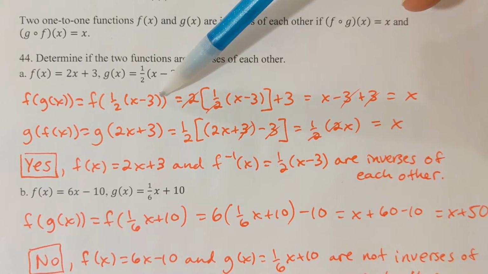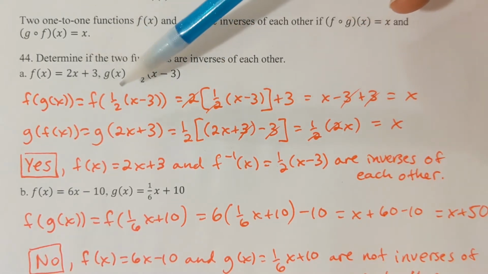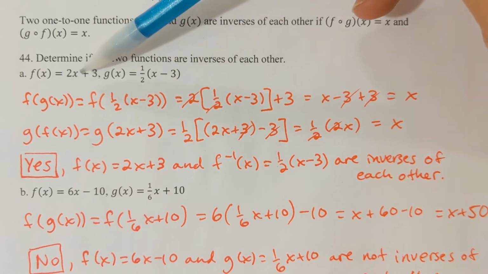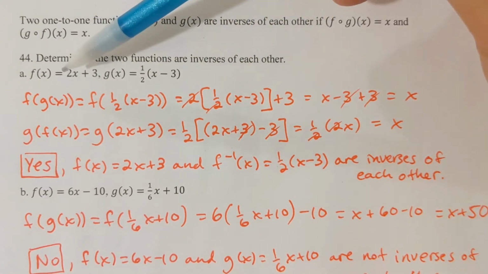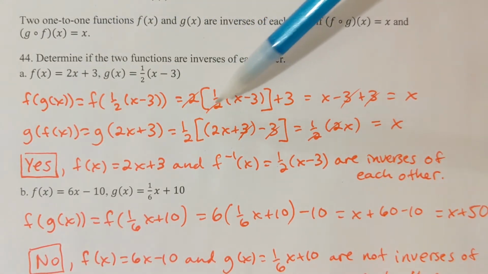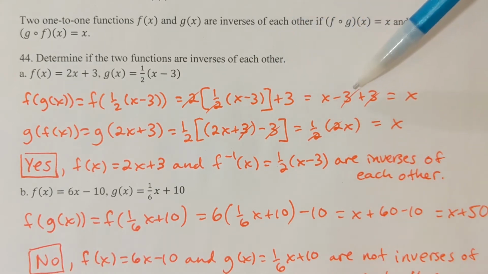So everywhere that I see an x in f, there's only 1. I need to replace that with 1/2 the quantity x minus 3. And that's what I'm doing here. Okay. Now I'd want to simplify. 2 times 1/2 is 1. And then you got x minus 3 plus 3. Okay, negative 3 plus 3 is 0. And so I get just x then.